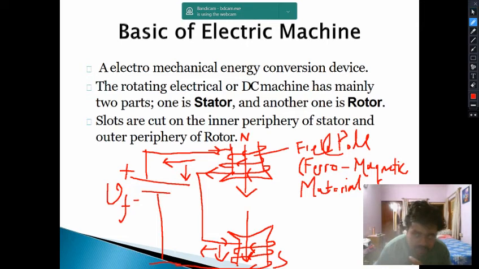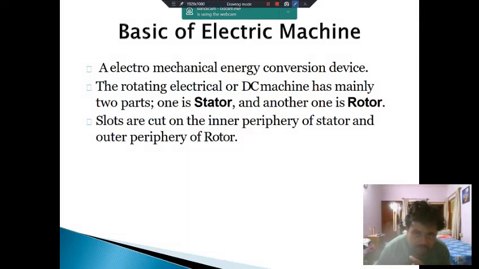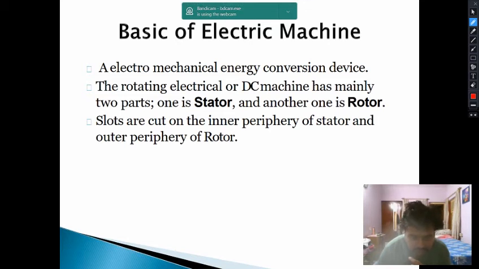So similarly, if I draw the rotor, the rotor is slotted on the outer periphery. Like this.